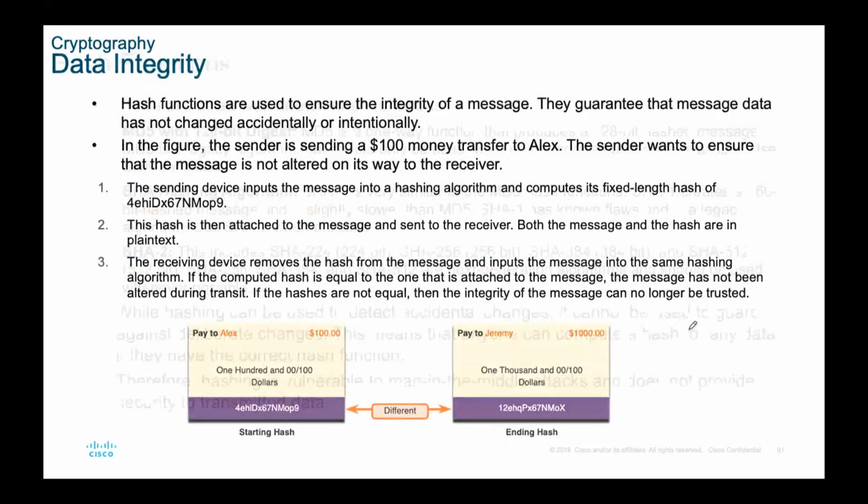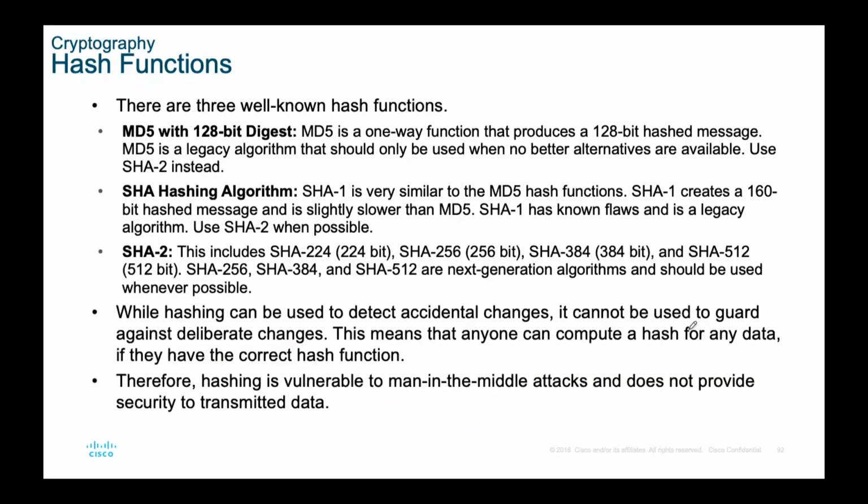The SHA-1 hashing algorithm is very similar to MD5 techniques. SHA-1 creates a 160-bit hash message and is slightly slower than MD5. SHA-1 has known flaws and is a legacy algorithm. Use SHA-2 when possible.